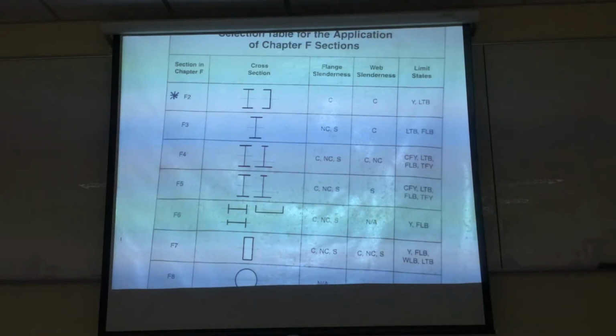Compact means you will not have the issue of local failure, like local buckling in the web or local buckling in the flange, subjected to this loading condition. So the web thickness will be controlled, flange thickness also controlled, and with the given geometry, you can be sure that it will not produce web buckling or flange buckling. As it is a commercial cross section, people tend to like it better.